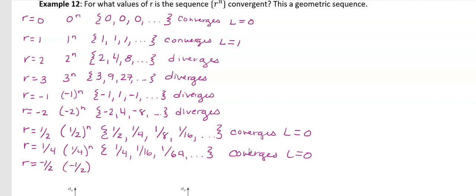So negative a half, let's see what's happening with that. At negative a half to the first power, I would just have negative a half. Negative a half to the second power would end up being positive 1/4. And negative a half to the third power would be negative 1/8, and then positive 1/16, and so forth.